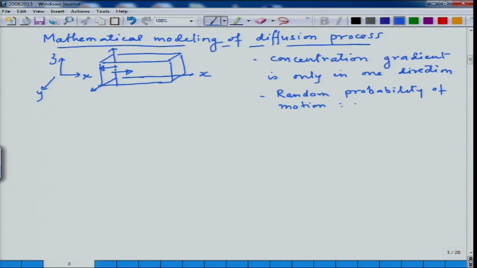So, in other words, this means that the number of particles, in this case let us make this problem more specific, let us make this a problem for holes. So, particles are holes here, and the number of particles moving in the positive and negative direction is exactly equal.